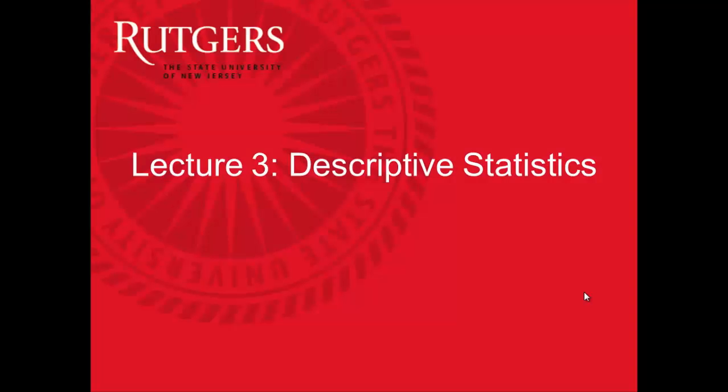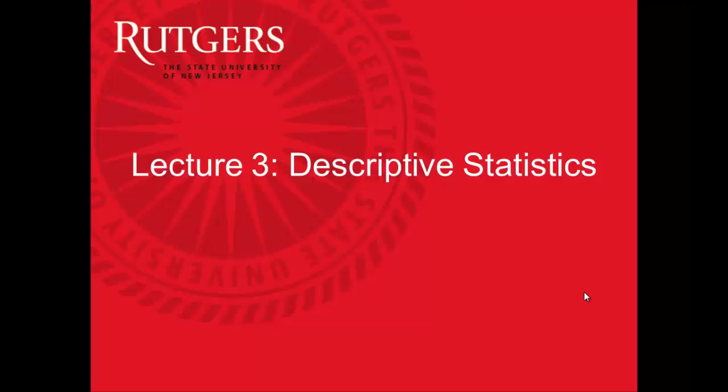In today's lecture, we're going to talk about the first step of audit analytics, which is descriptive statistics. After getting a data set, the first thing that auditors have to do is try to understand the data.